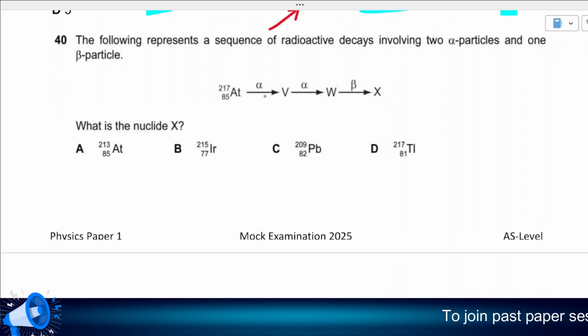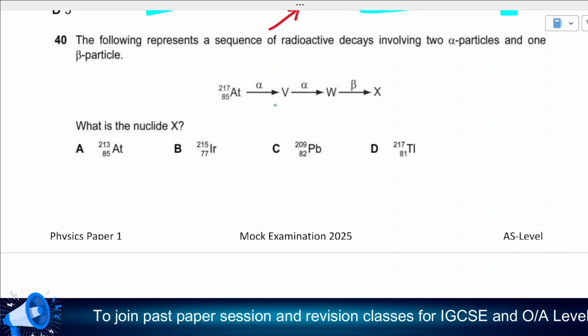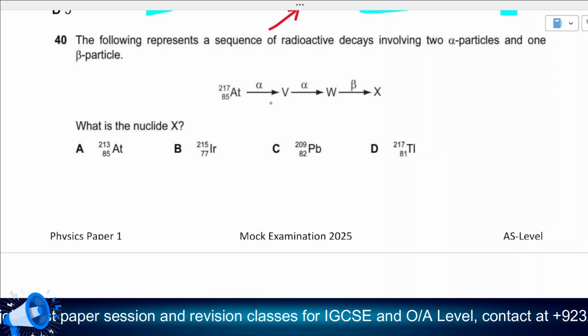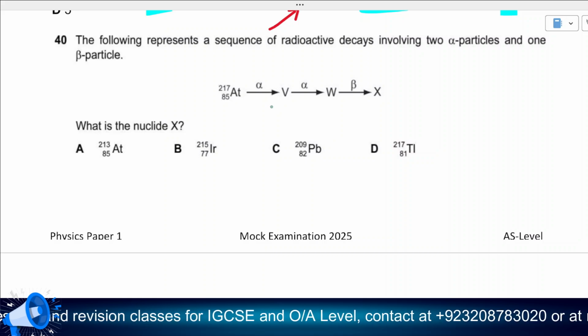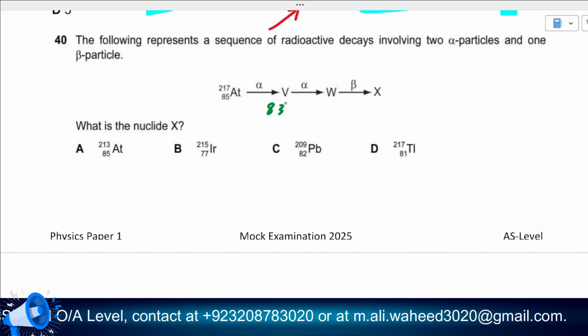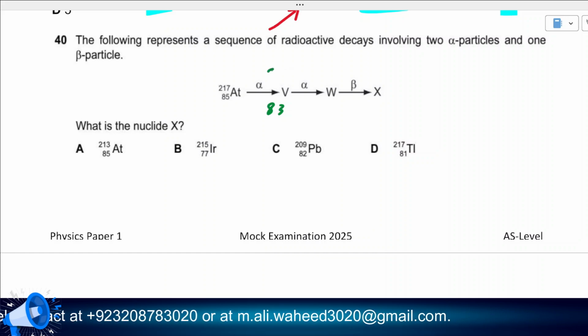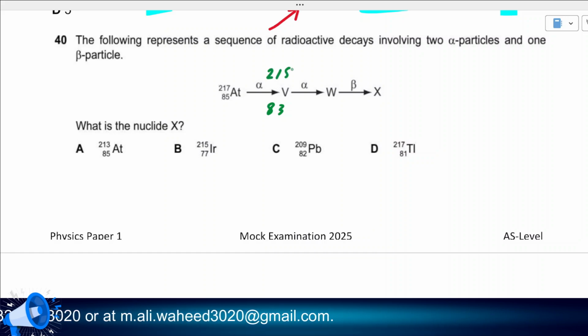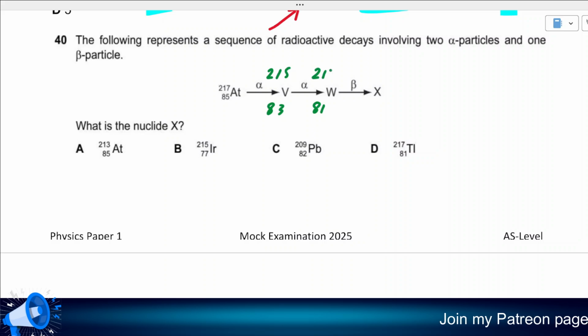So in the last one, it emits the alpha particle first, so the atomic number would be decreased by 2, so from 85 it would now be 83, and the atomic mass would now be 215. It emits another alpha particle, so atomic number would be 81, atomic mass would be 211.